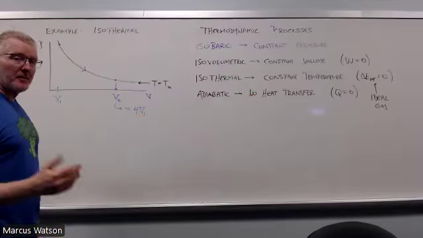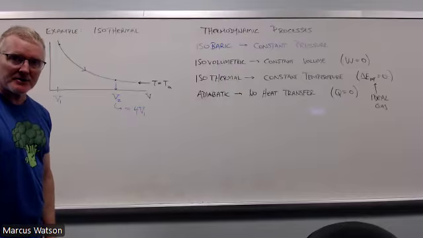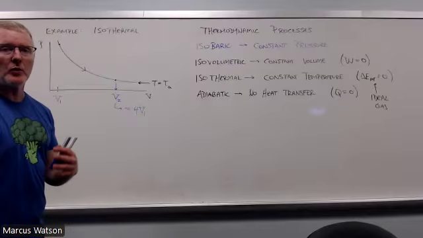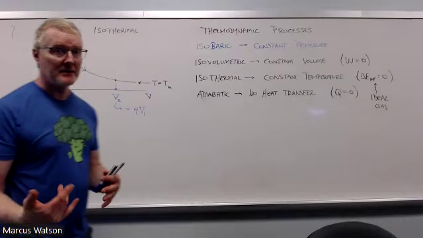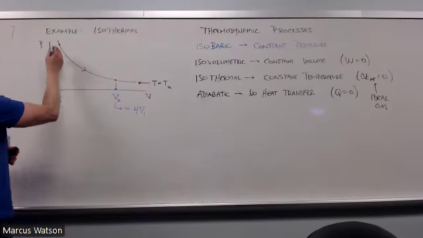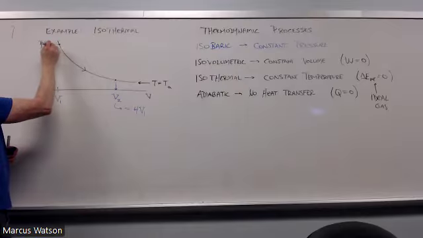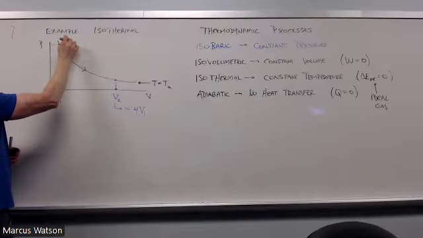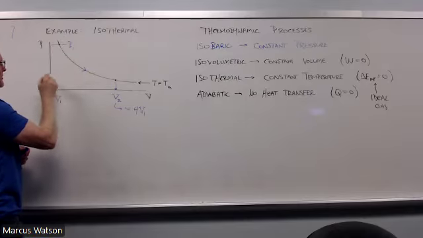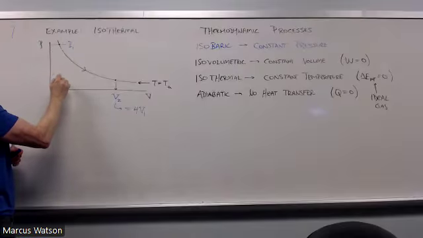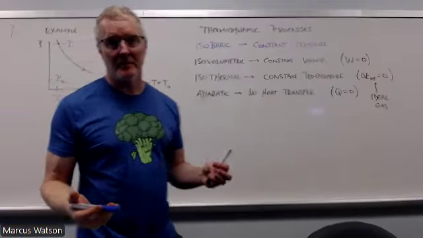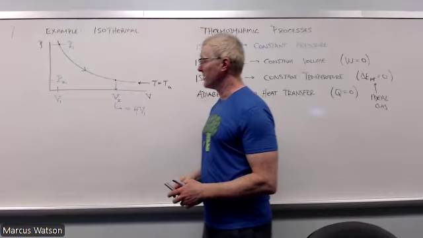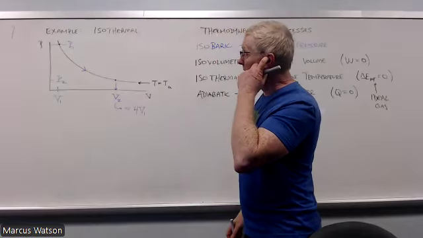All right, so a couple of questions that we might want to answer. Number 1, what's the pressure at state 2 related to the pressure at state 1? In other words, here's my state 1, there's a pressure involved up here, pressure 1, and there's a pressure involved down here, this is pressure 2. How is pressure 2 related to pressure 1? Maybe that's the first thing we can start investigating.